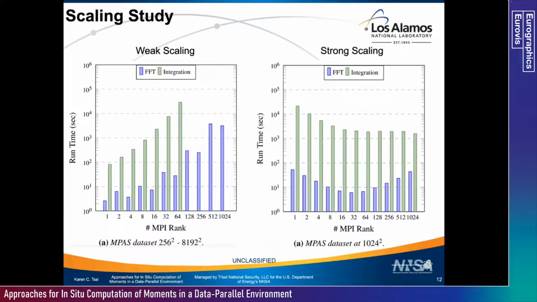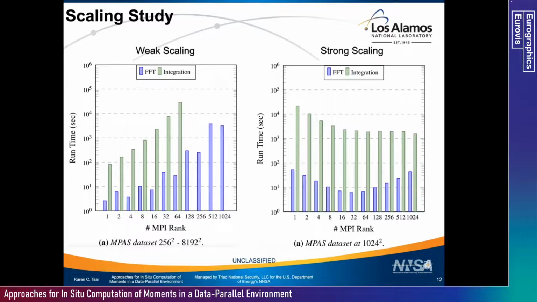Okay, now for the strong scaling. Initially, FFT and integration both speed up as the number of processors increases, with FFT displaying a slightly better rate. But in the latter half, integration flattens out, whereas FFT starts going up. And this is because the FFT approach's communication cost has started outweighing the benefit of having more processors.